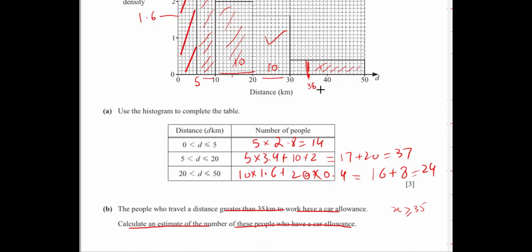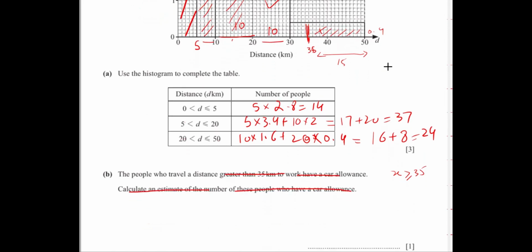We will take the area, which is equal to width into height. Width here is 15, height here is 0.4. Therefore, the total number of people who travel distance greater than 35 will be equal to 15 into 0.4, which is equal to 6 people, and this is the answer.